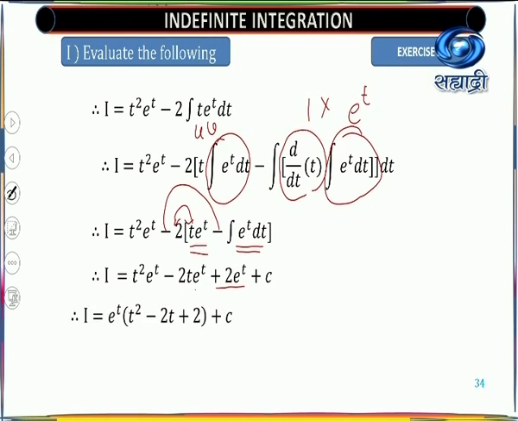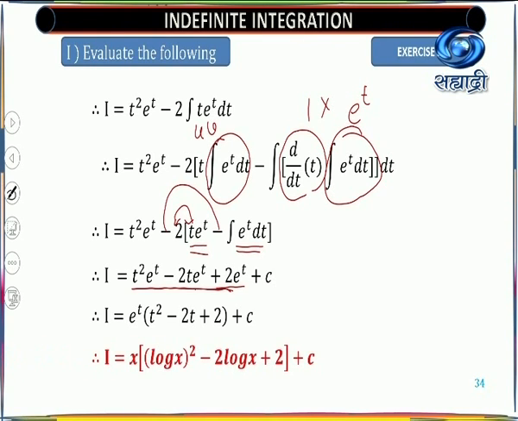And now we want our value in terms of our original function. Look here, e raised to t is common throughout. So you will take e raised to t times t square minus 2t plus 2, plus constant of integration, and resubstitute the value, because we want our answer in the same variable as given. What variable is given to you?